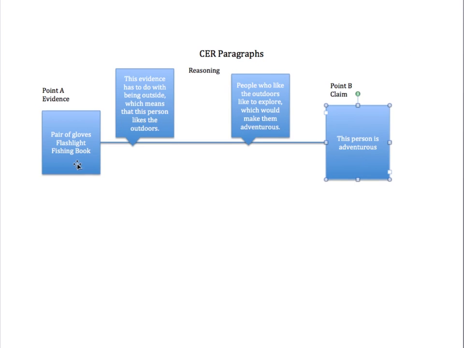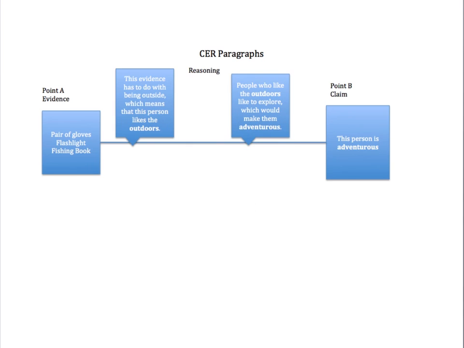So you'll see here that I started with explaining the evidence. I said that the evidence has to do with being outside, which means that this person likes the outdoors. Okay, so I'm going to put that in bold. And then my claim was that this person is adventurous. So to connect the idea of liking the outdoors to being adventurous, I said people who like the outdoors like to explore, which would make them adventurous.